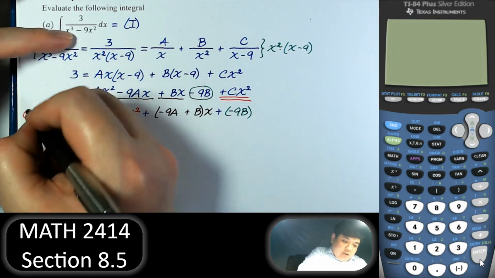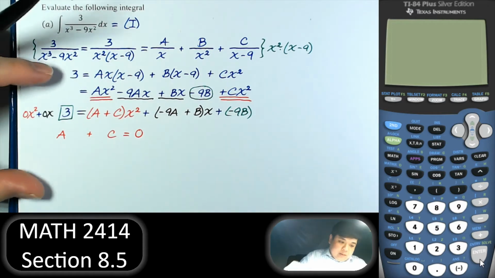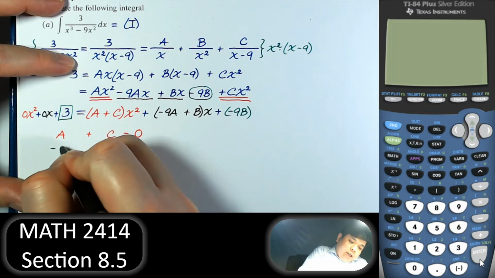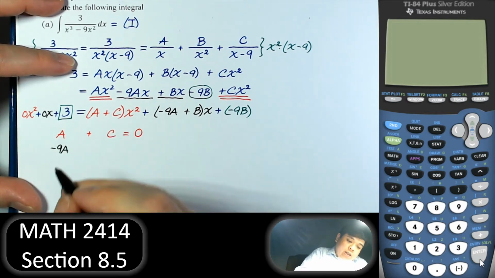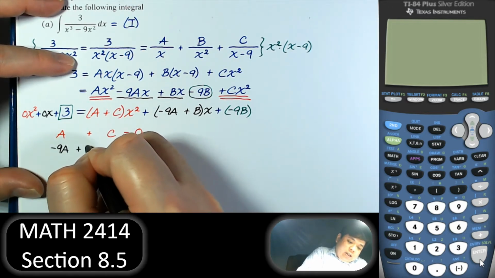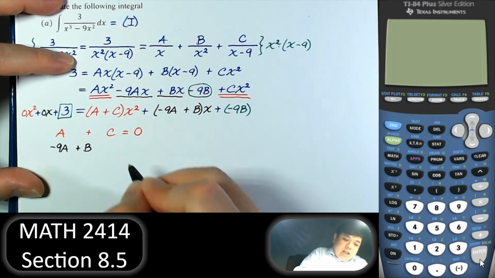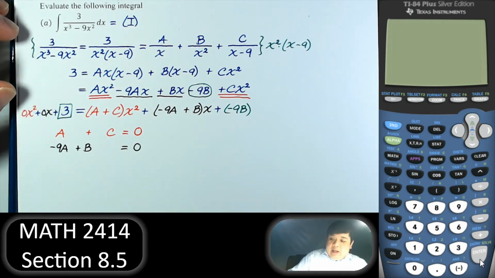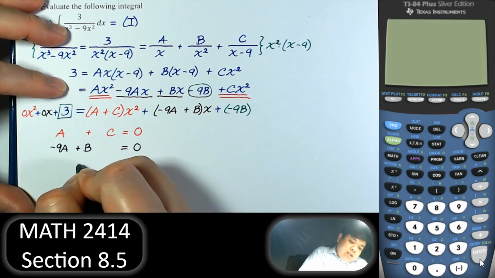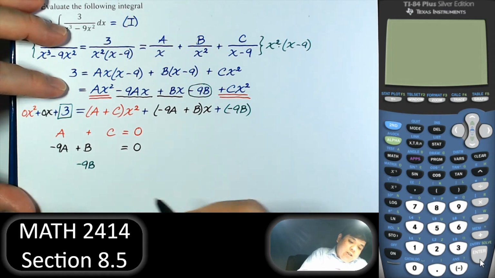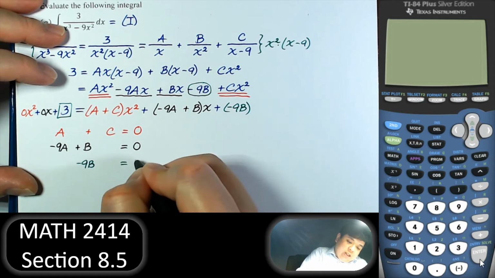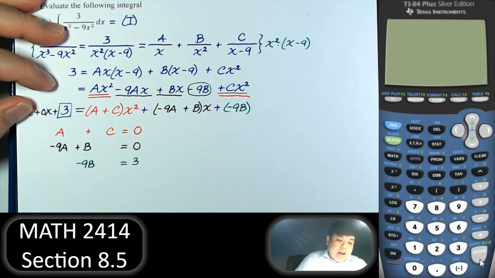There's also no x on this side. Negative 9a. There's a B. There's no C, equal to 0. And there's negative 9b equal to 3. This one actually we can just solve by hand without any problem.